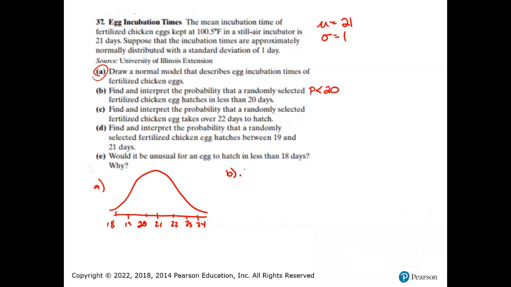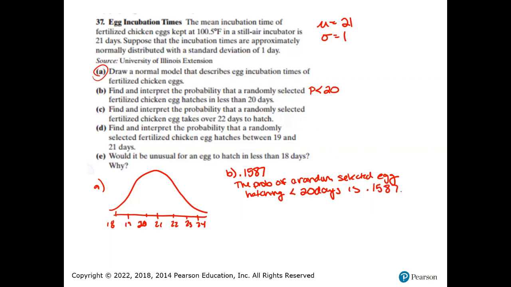Okay, so find it and interpret it. So what does that mean? The probability of a randomly selected egg hatching in less than 20 days is 0.1587.